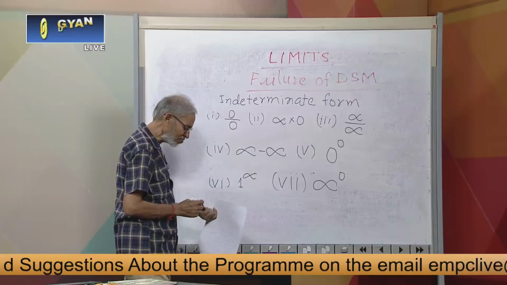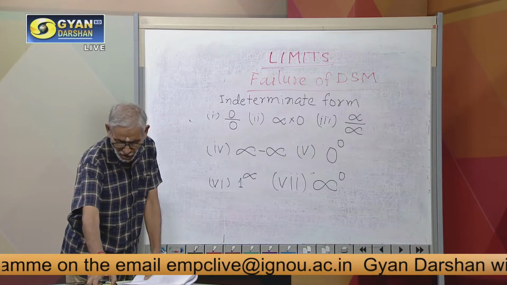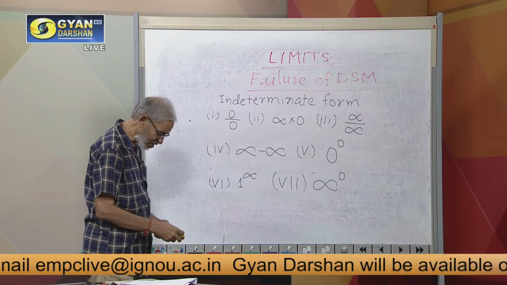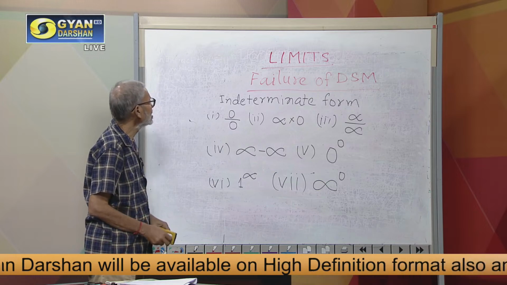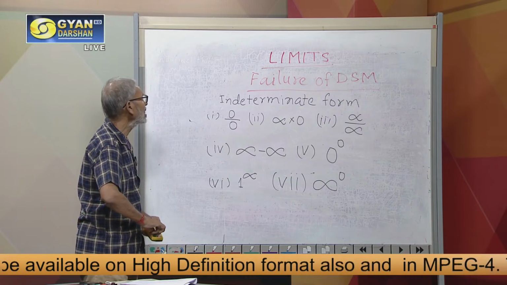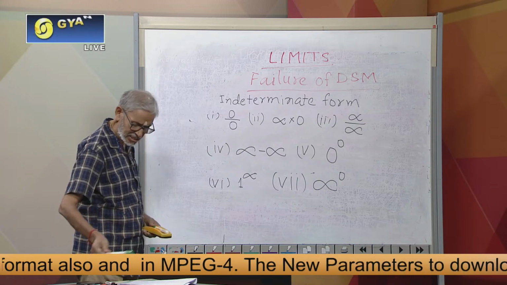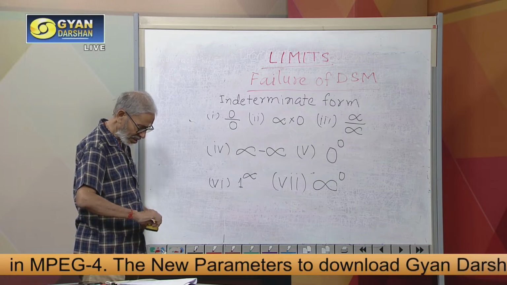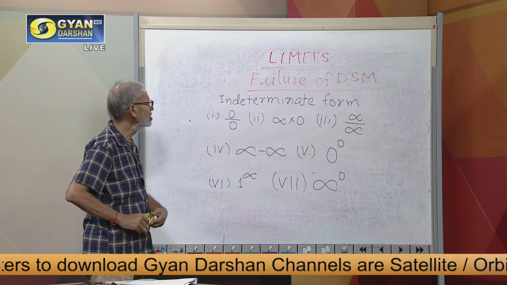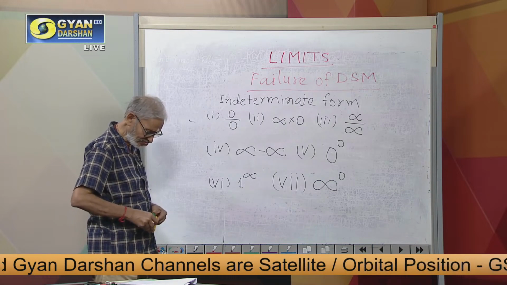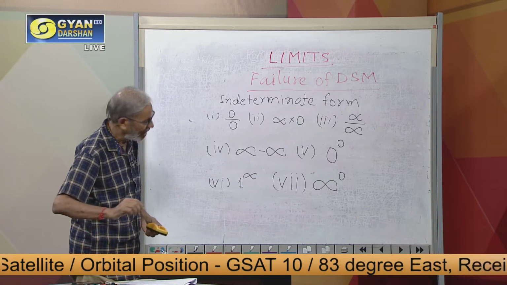So, these are called indeterminate forms, and if your function comes out to be any one of these 7 forms, then we say that it cannot be solved by the direct substitution method. Direct substitution method, as we discussed last time, is very simple. You are finding the limit of any function at some point, say x tends to a.